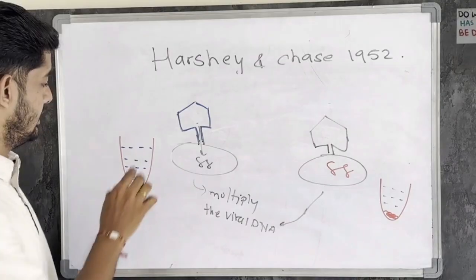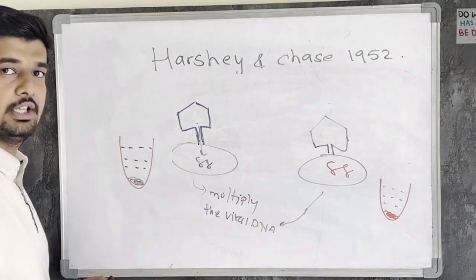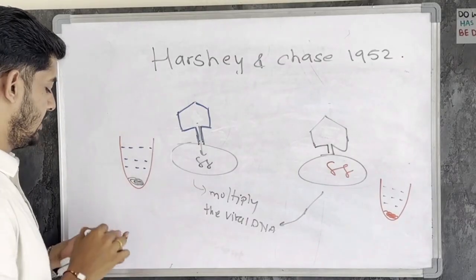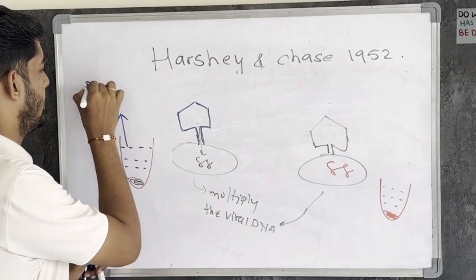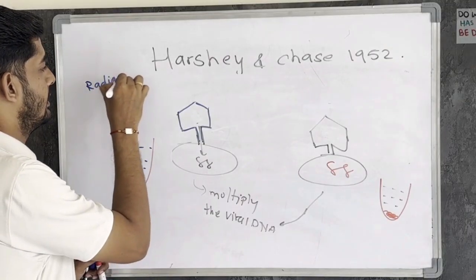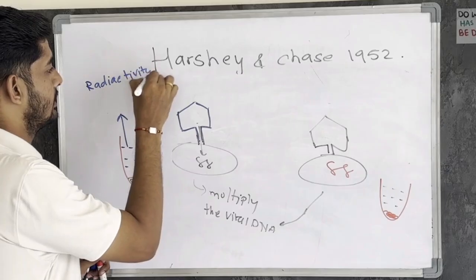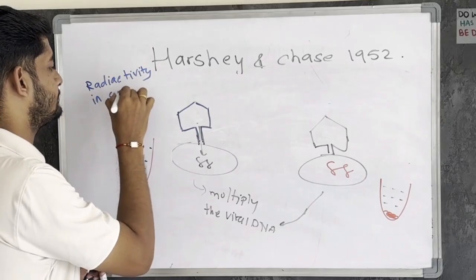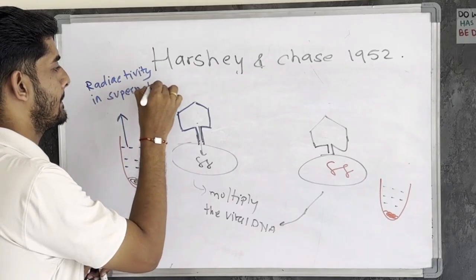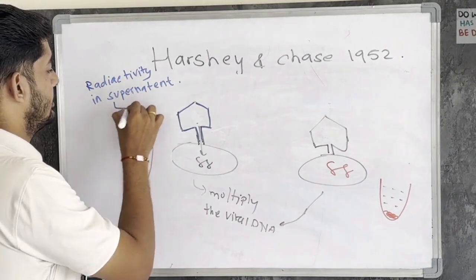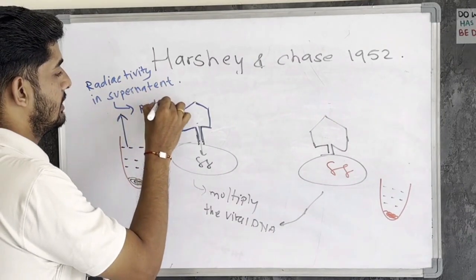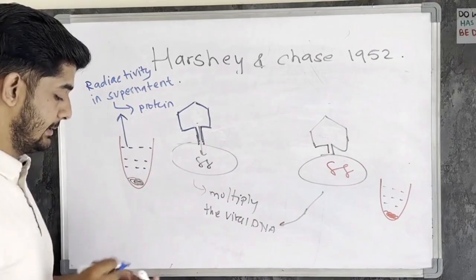Now when this complete mixture was exposed to the UV radiation, there was radioactivity found in the supernatant, which confirms that the proteins were present outside the cells.